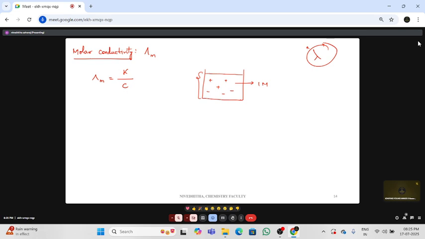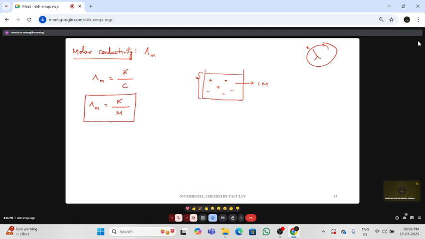And here they are talking about molarity. The formula can be kappa divided by molarity. Okay. So this is the general formula. But in books, the formula will be kappa into 1000 divided by m. So now we'll see how this formula changes to kappa into 1000.